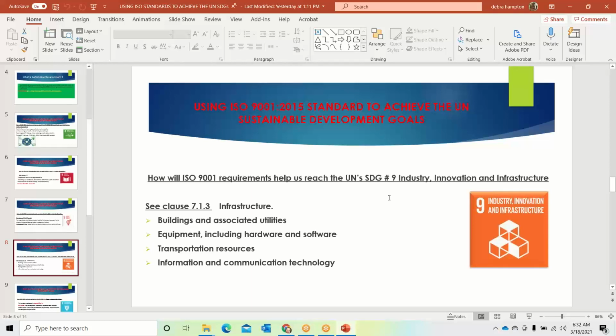Now, what does the clause say? It says the organization shall determine, provide, and maintain the infrastructure necessary for the operation of its processes to achieve conformity of product and services. All right, the clause makes it absolutely clear.